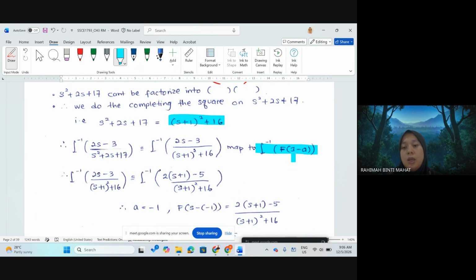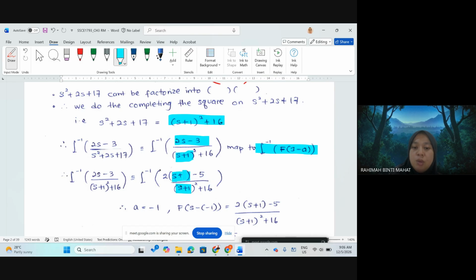If you are going to use this formula, you need to modify the numerator, because this is s minus a, so you have to make sure that the value must be equal.